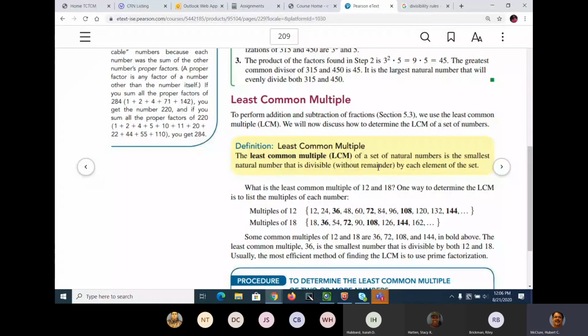That's the smallest number divisible by the numbers given.